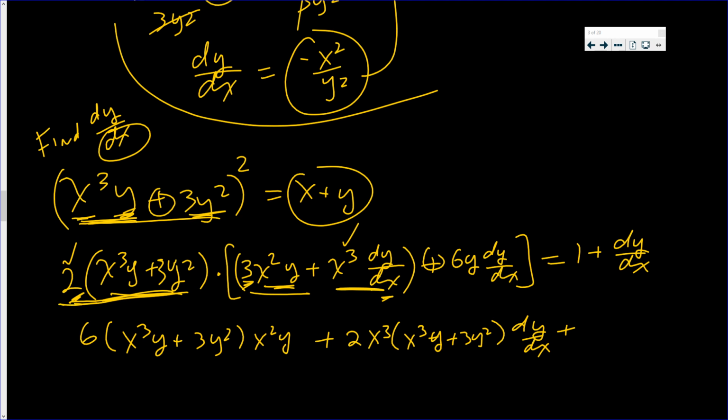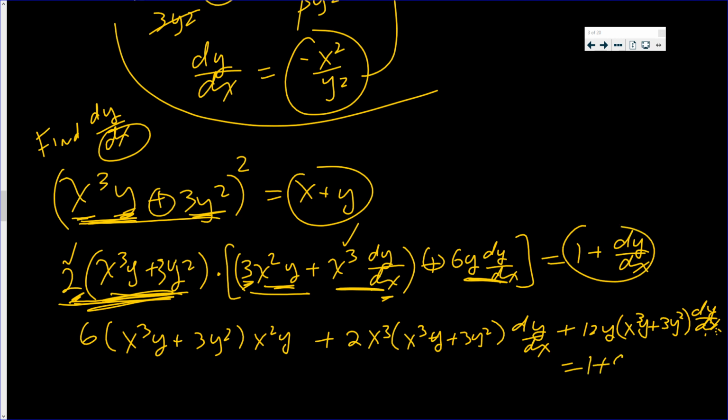And I have plus, now I have to multiply this by this. Well, 2 times 6 is 12y times x cubed y plus 3y squared dy dx. And this is equal to 1 plus dy dx.